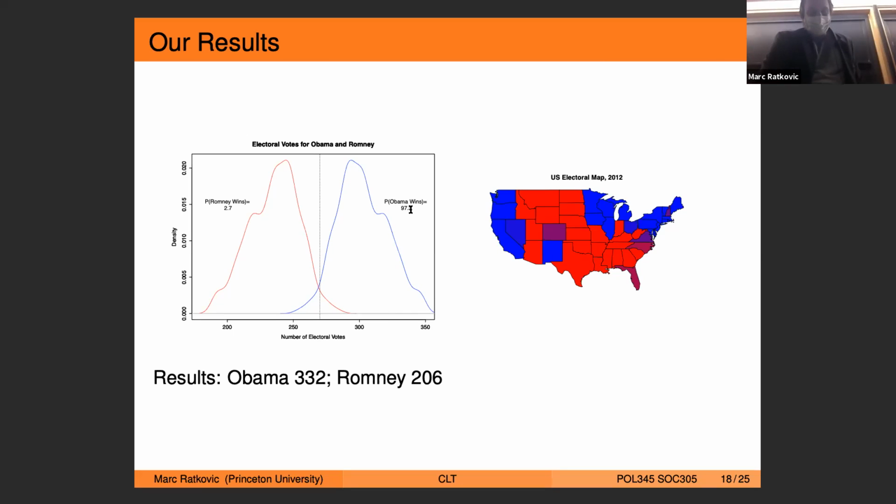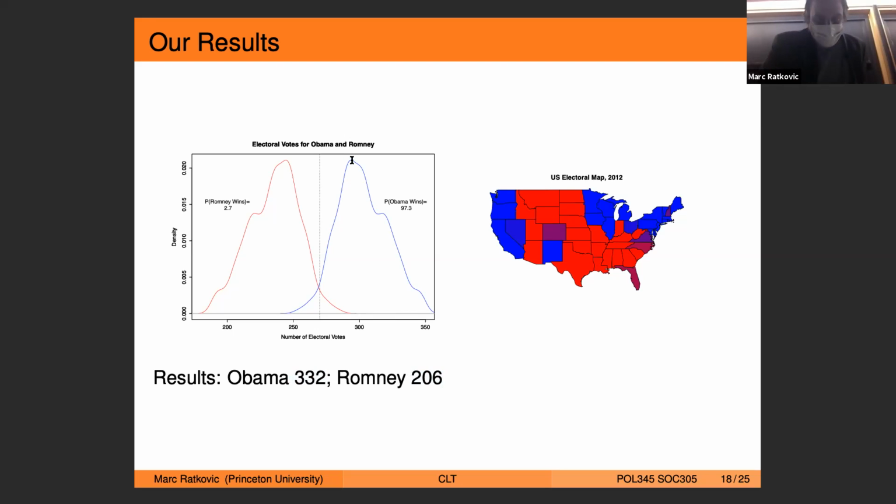The percentage of the time that Obama won given our simulation was 97.3. The percentage of time that Romney won was 2.7. The actual results were 332 for Obama. Romney got 206, which if you look at it is this bump right here. So we underestimated Obama.